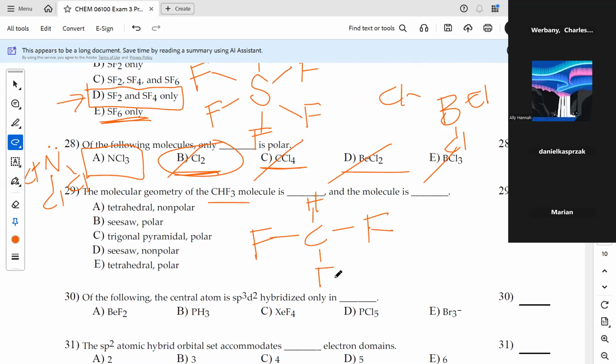We would have 4 bonding groups, or 4 electron domains, all bonding. That gives us a tetrahedral molecule. We would definitely see some polarity because these 3 bonds are polar, and this bond, the CH, is nonpolar. So tetrahedral and polar for 29.